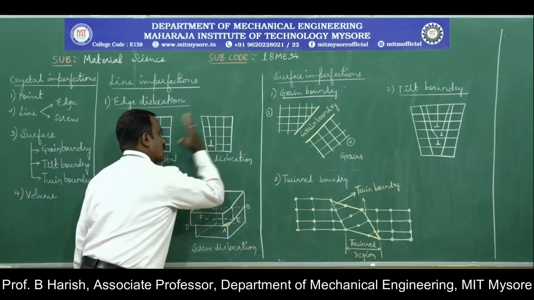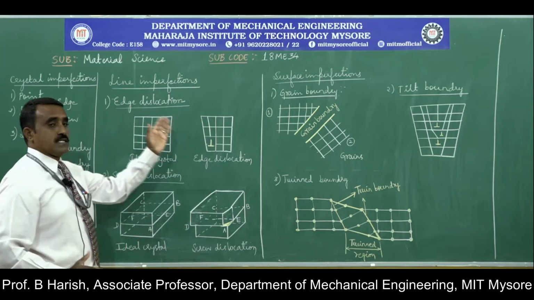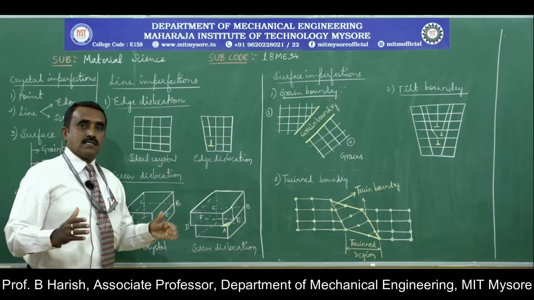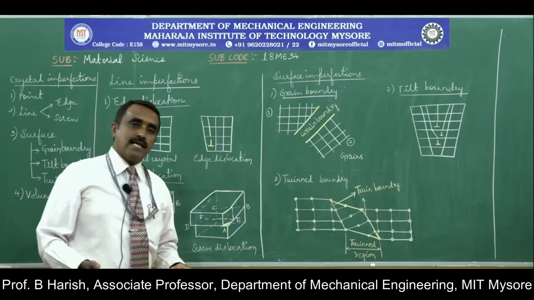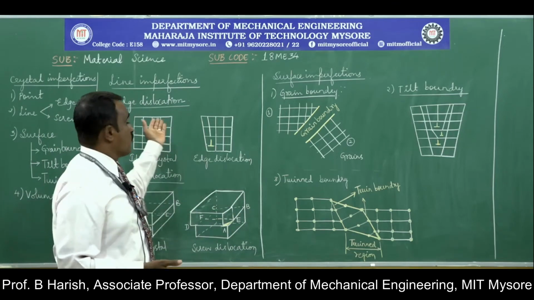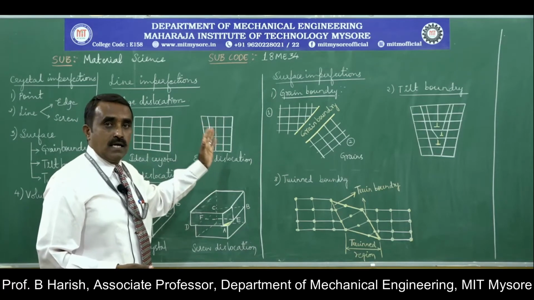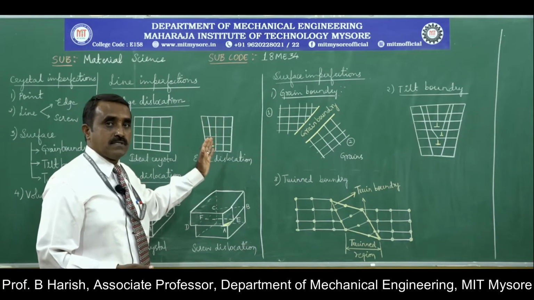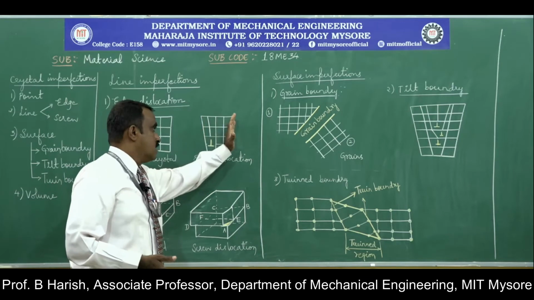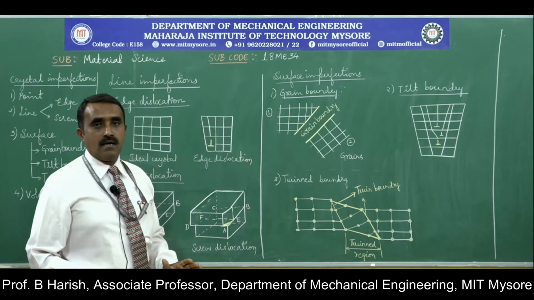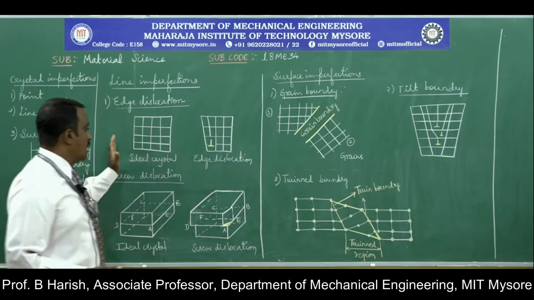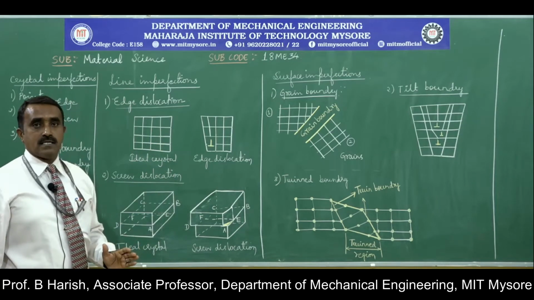That is what is seen in this figure, and it is called edge dislocation. The set of atoms along the edge is dislocated. The dislocation or imperfection will be seen only on that particular edge, while the other edge will still be perfect, as seen in an ideal crystal. That is called edge dislocation.